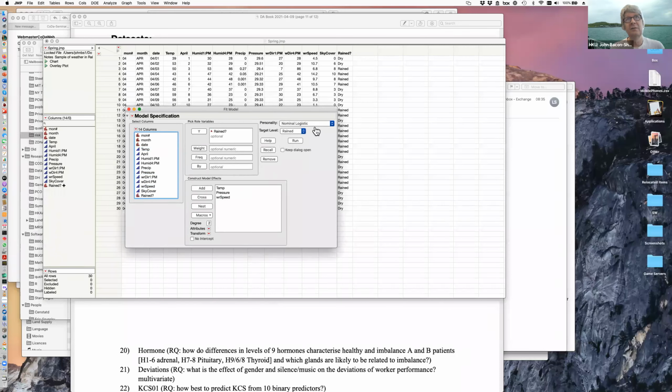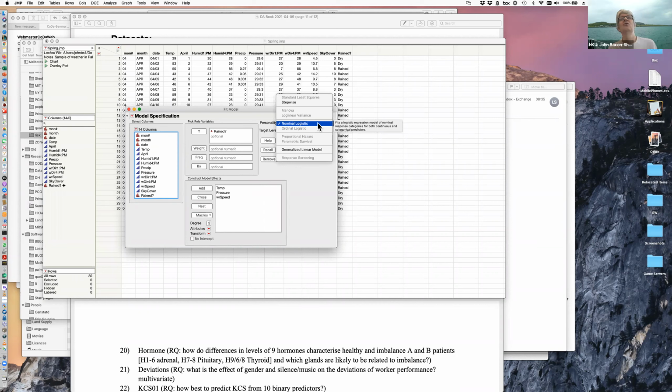Now you'll notice JMP has automatically changed the personality to nominal logistic, meaning it already recognizes that we have a binary outcome. So it's fitting a nominal model. Now there is another choice here.